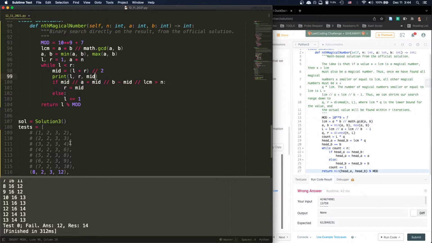Look at this. L is 12, R is 14, right? And mid is 13. 13 is too big. No, it says 13 is too small. How is 13 too small?